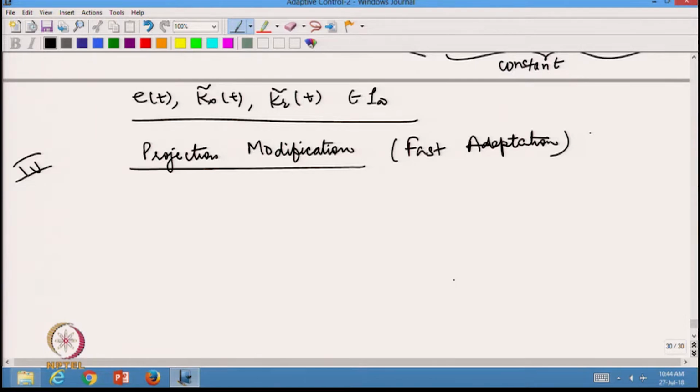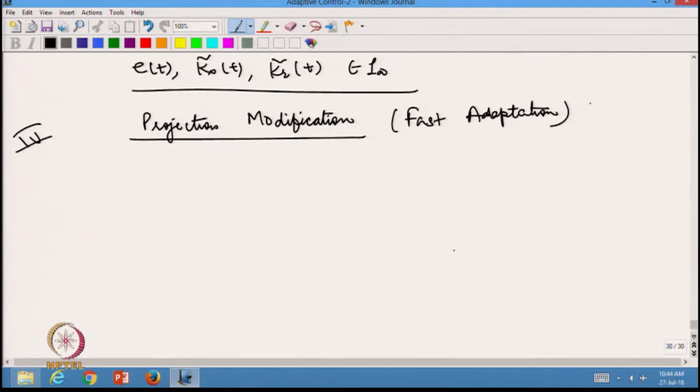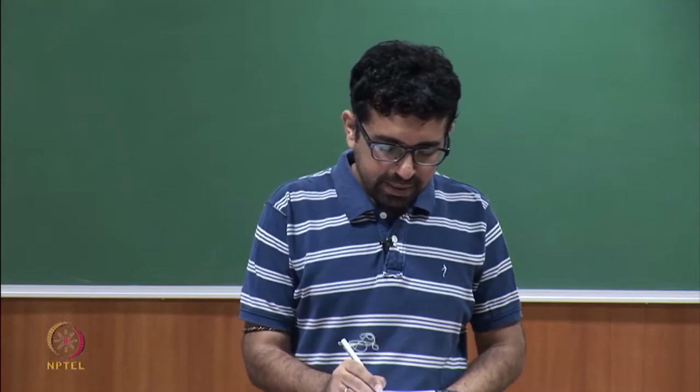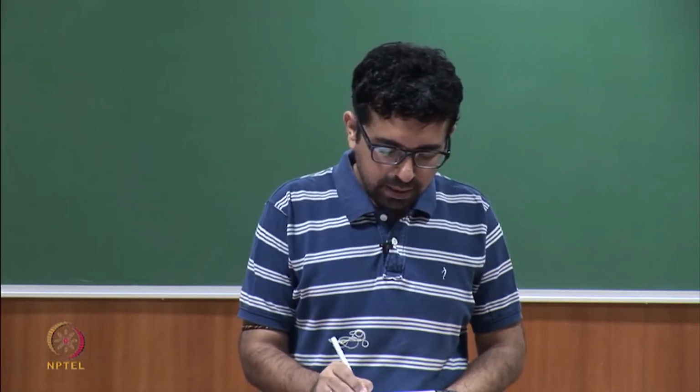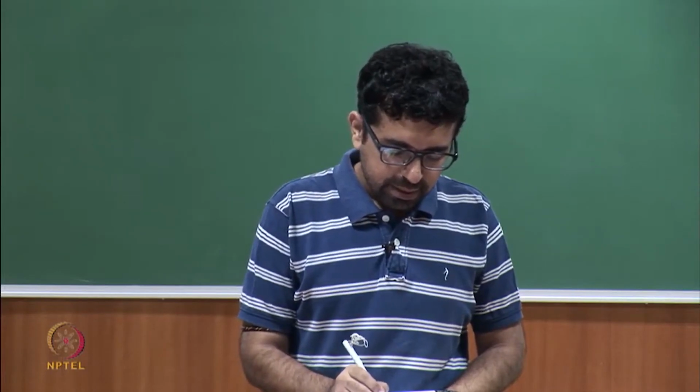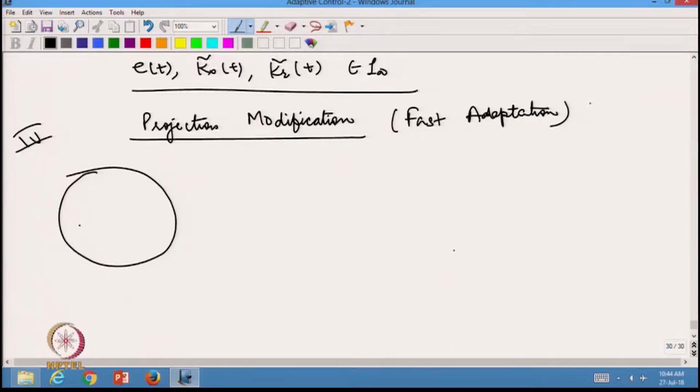Okay, so the basic idea is that we need to assume that our actual parameters lie within a bounded convex set. We will see how convexity helps us here, but the idea is that we want the actual parameters, say theta, to lie within a convex bounded region.